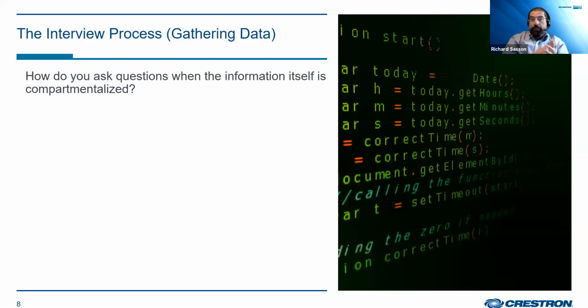Then also ensure that you are following the secure best practices, which I know you're going to discuss further on, as we've outlined on our website at security.crestron.com. You also have the ability to see all that and prepare for it. But this is all part of the interview process. What are the requirements for your customer?